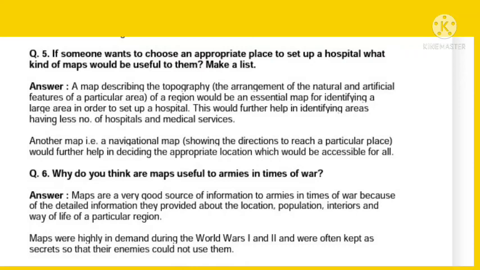all. Next question: why do you think are maps useful to armies in times of war? Answer: maps are a very good source of information to armies in times of war because of the detailed information they provided about the location, population, interiors, and way of life of a particular region.